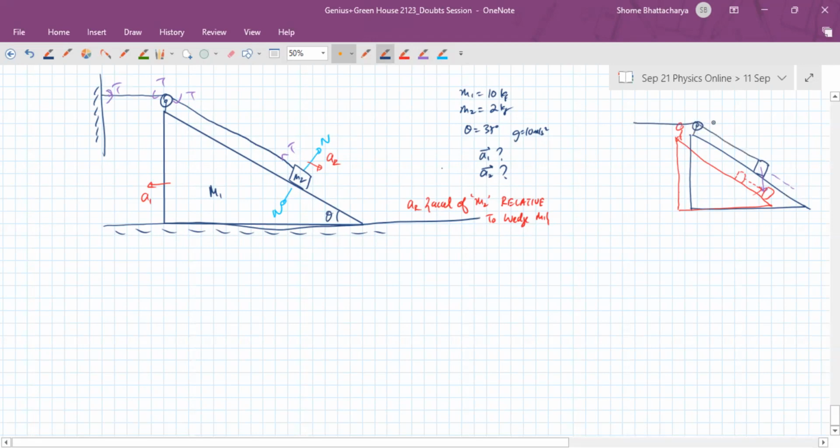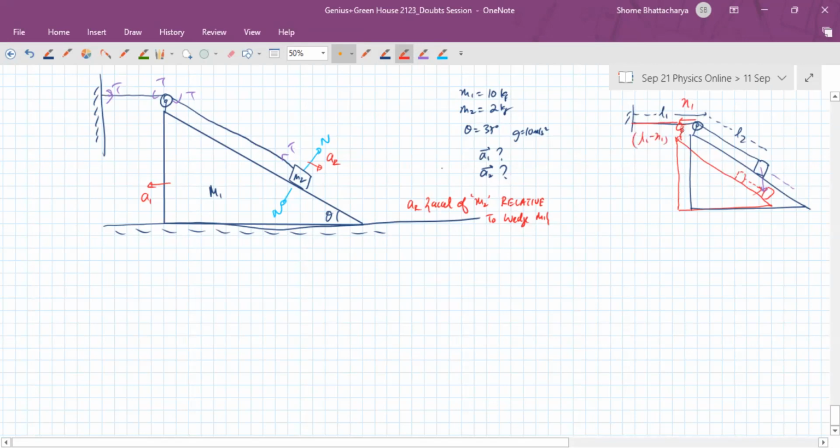Let's say this length was L2, and this length was L1. Now this wedge has moved by a distance x1, so the thread length on this side has become L1 minus x1.